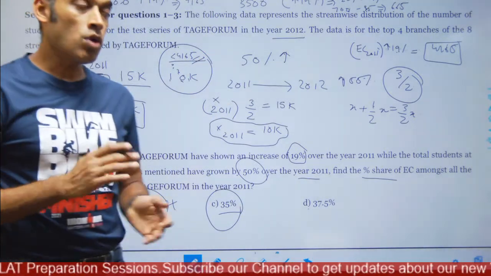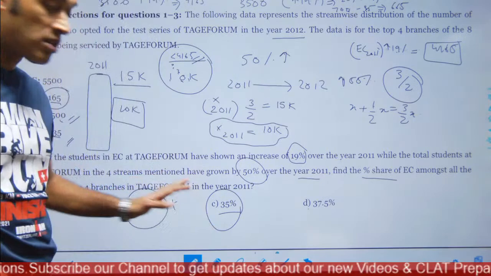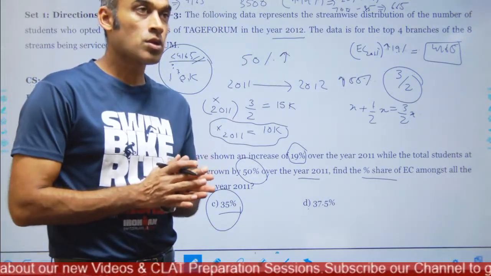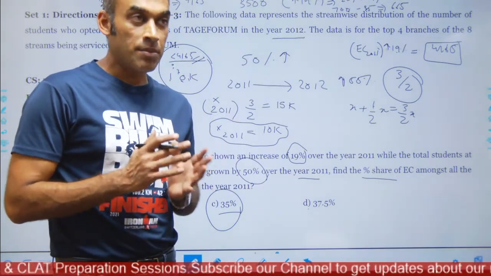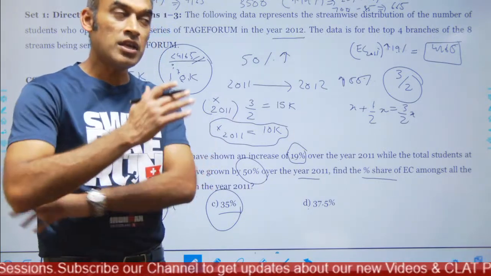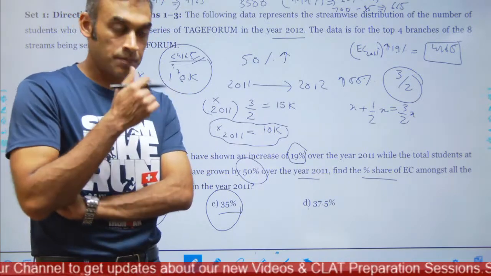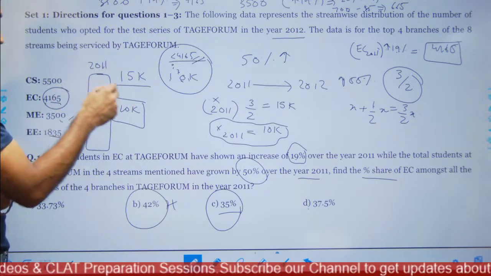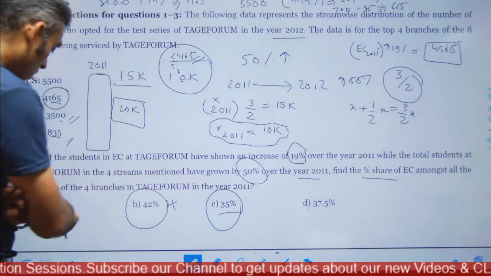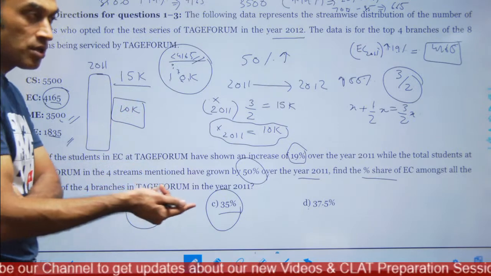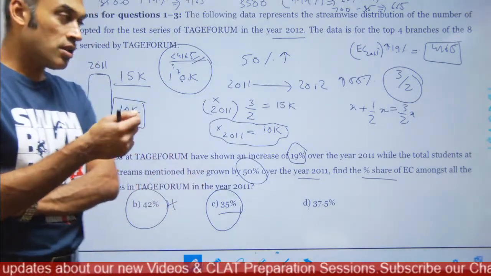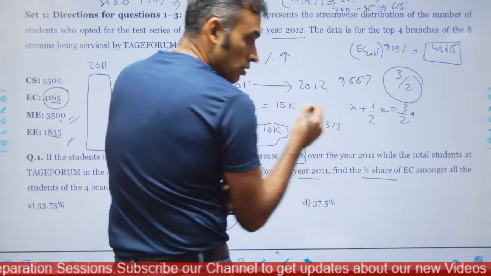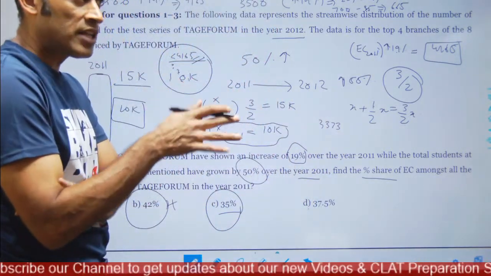All right. Now, how do we do elimination? We've got the answer as 35%. Let's say we increase by 19%. Why isn't the answer 33.73? Let's say the value was 3373, which is 33.73% of 10,000.